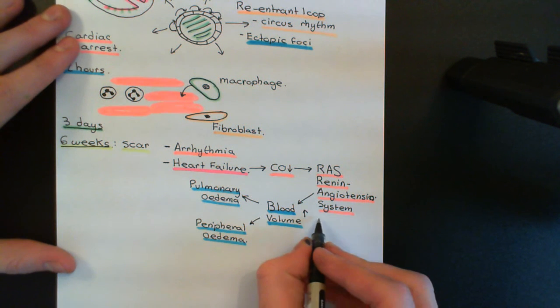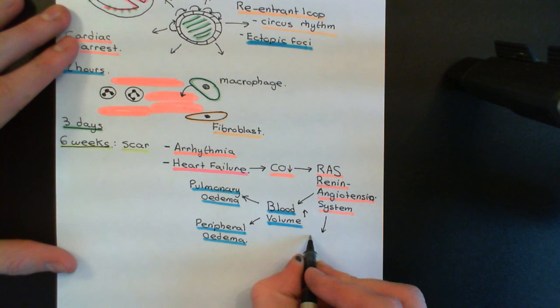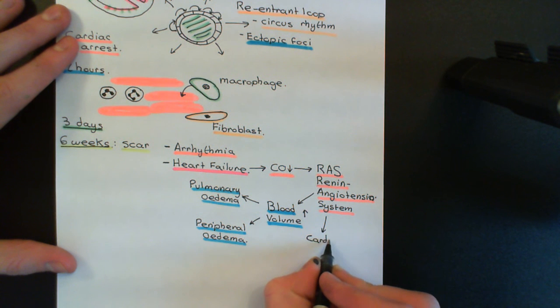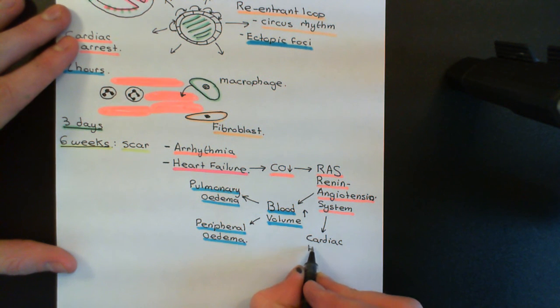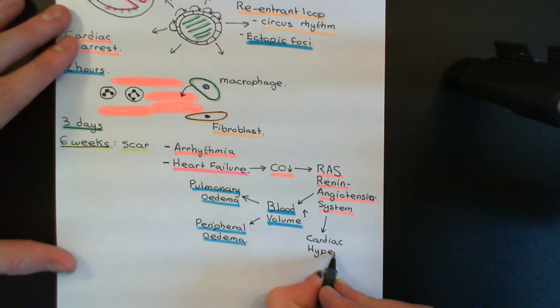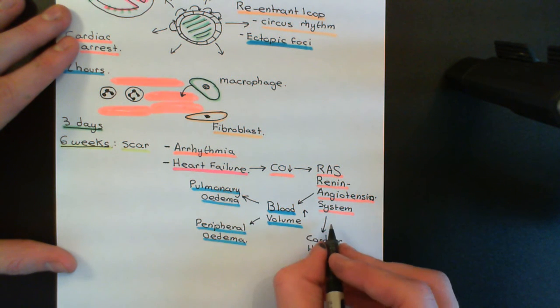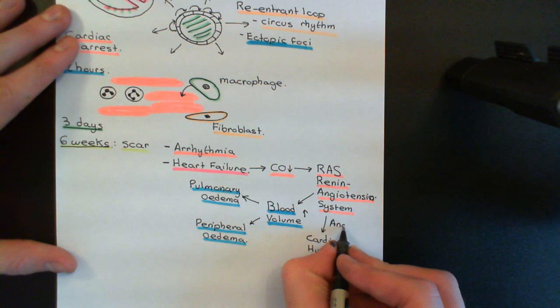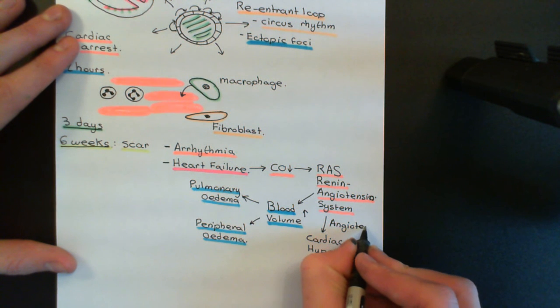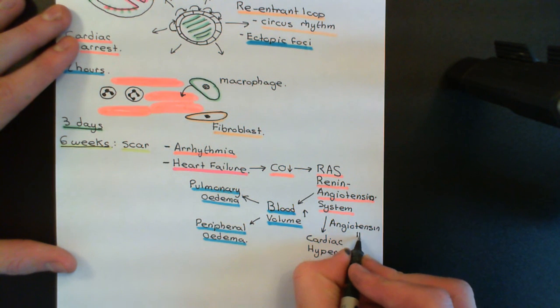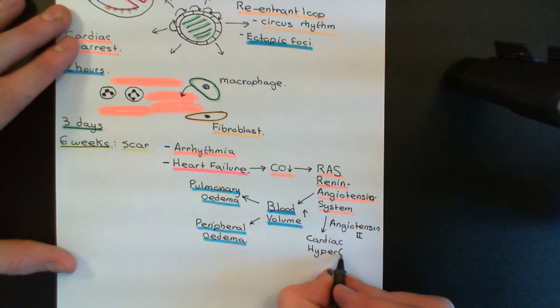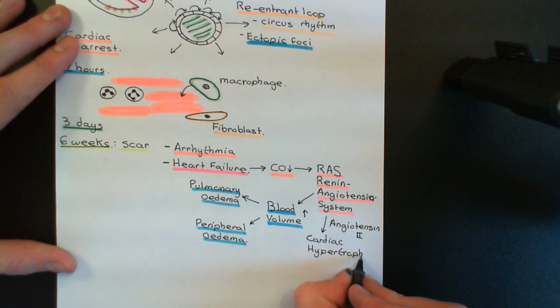So this can also lead to what's known as cardiac hypertrophy, and cardiac hypertrophy is where all of the cardiomyocytes, when stimulated by the renin-angiotensin system's products, specifically angiotensin 2, so I'll just write down here angiotensin 2, when stimulated chronically by angiotensin 2, the cardiomyocytes can grow, they can undergo hypertrophy.